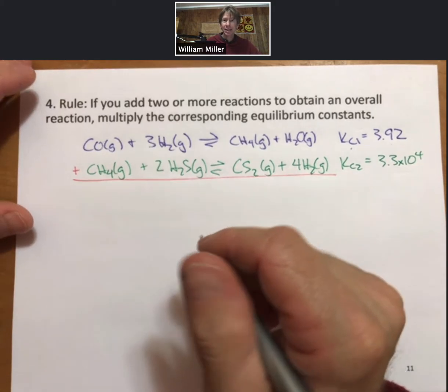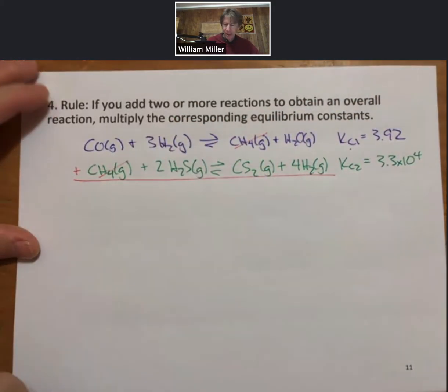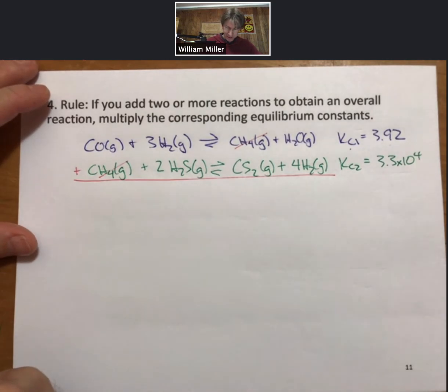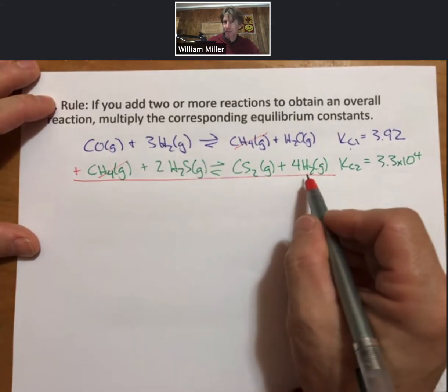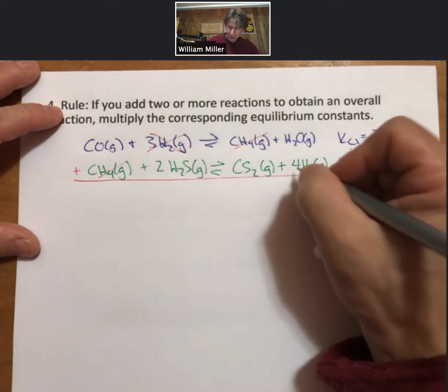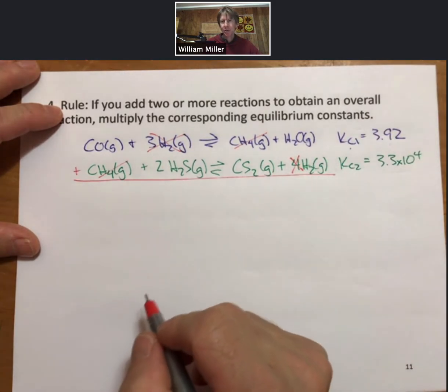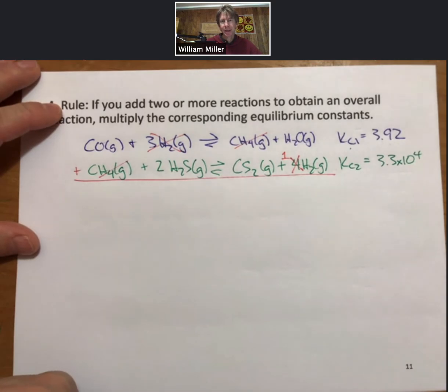And just like Hess's law, anything that's on both sides, you can cross out. Let's see what else is on both sides. We have 3 hydrogens and 4 hydrogens, so we'll cross out all 3 of those and leave 1 on the product side.